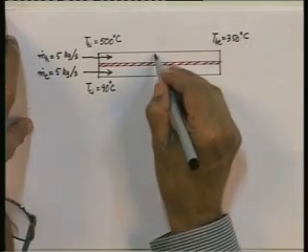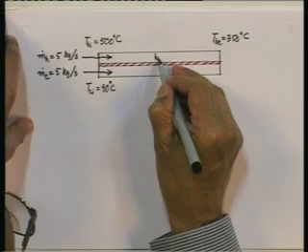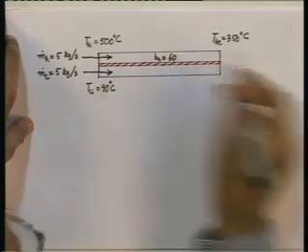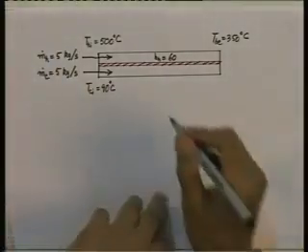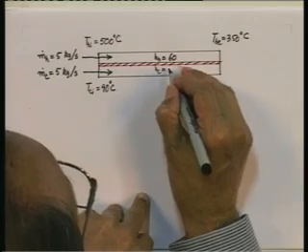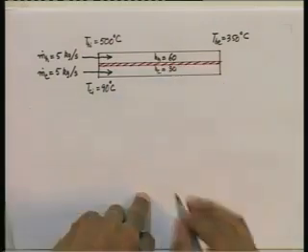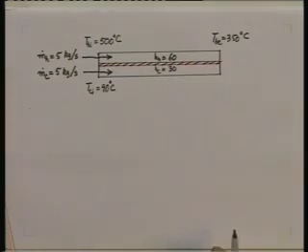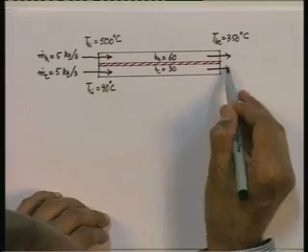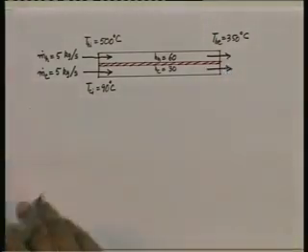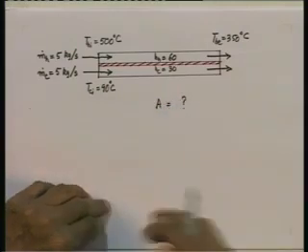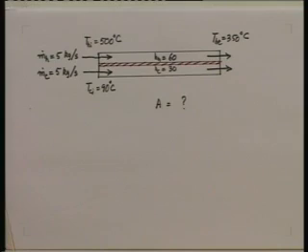The value of HH, heat transfer coefficient on the hot side, is equal to 60 in the usual units, watts per meter squared Kelvin, and the value of HC on the cold side equal to 30 watts per meter squared Kelvin. So, find the area, these are the exit points. Find the area A of the heat exchanger if the configuration is parallel flow.